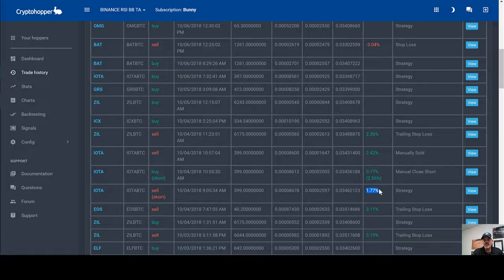The token had already gone up, so this was a plus 1.77 plus the 0.77, and it ended up being approximately 2.56% once we put the buy order on. We then ended up with IOTA back as a normal holding position of these 399 tokens, and we eventually closed this out a couple of minutes later as the market looked like it was going to go back down, so we manually closed it.